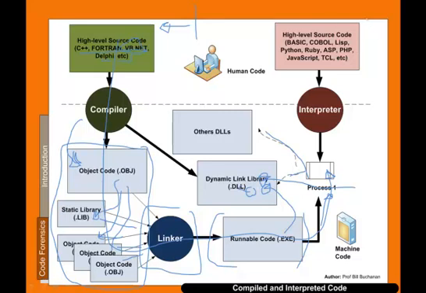So the other type of code that we get is the interpreted code. So this includes languages such as BASIC, Lisp, Python, Ruby, ASP, PHP, JavaScript, Tcl, and so on.